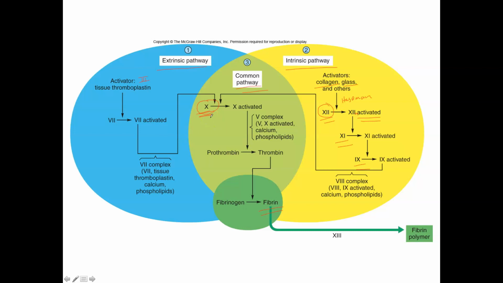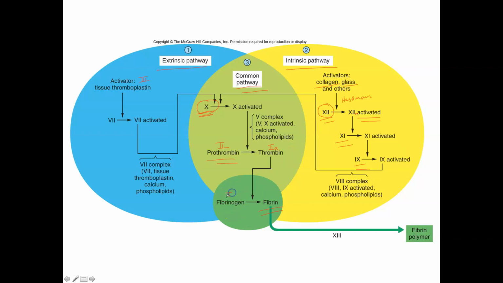Once you activate factor 10, the Stuart-Prower factor, then you're going to go on to activate prothrombin. Prothrombin is factor 2. And so factor 2 is going to become active, and we call that thrombin. We can call it 2A. Okay, so prothrombin becomes thrombin. And then once you have active thrombin, thrombin is going to convert fibrinogen into fibrin.